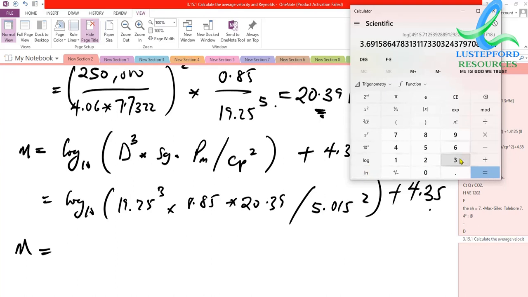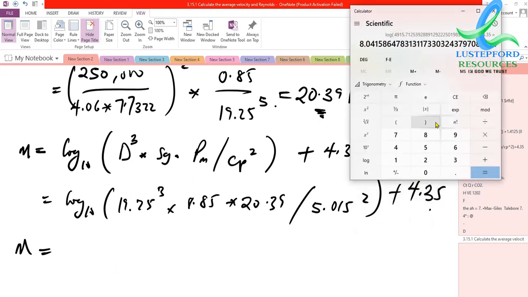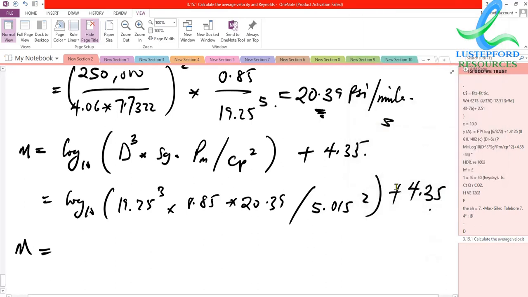Then the log of it plus 4.35. So this is what we get. This is our new value. Let me just write it down. I have 8.0416. That is what we got.